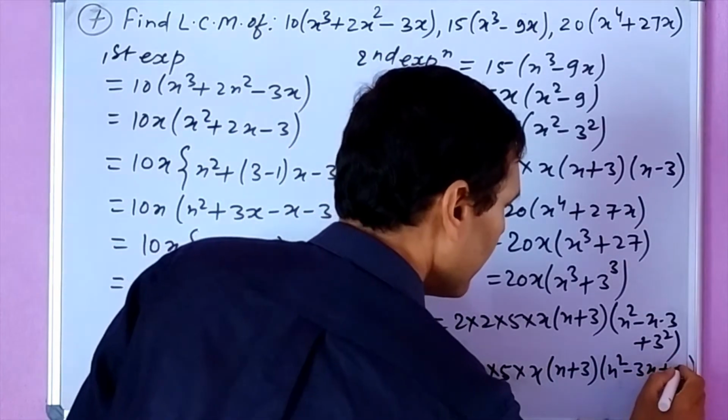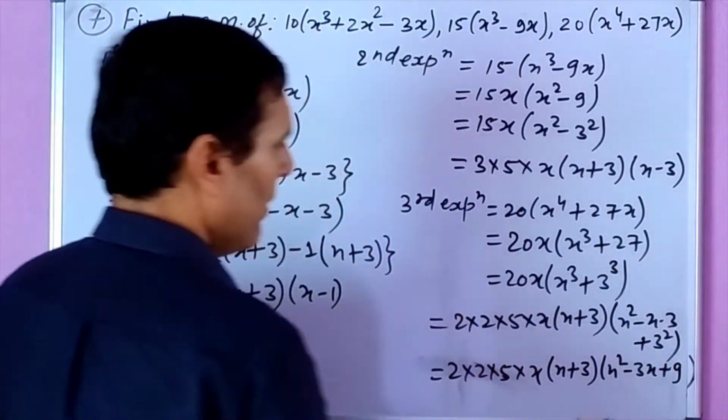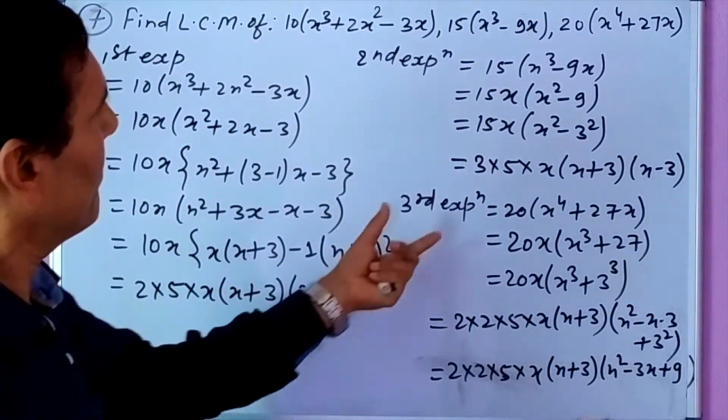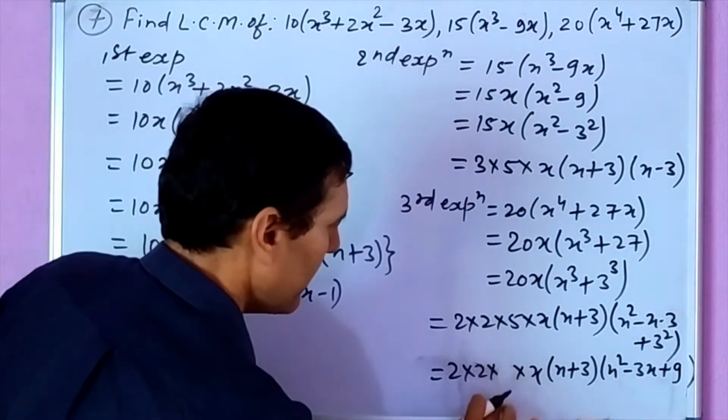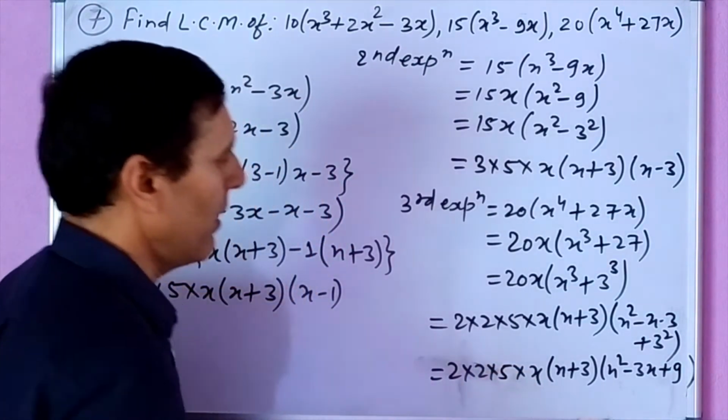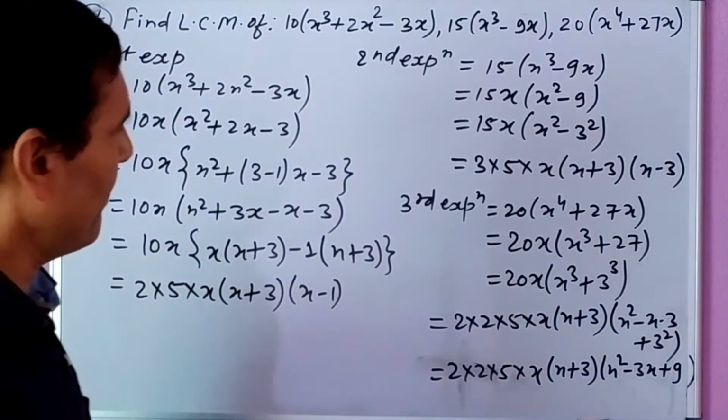This is 9. These are the factors of the third expression. Now we find the LCM.